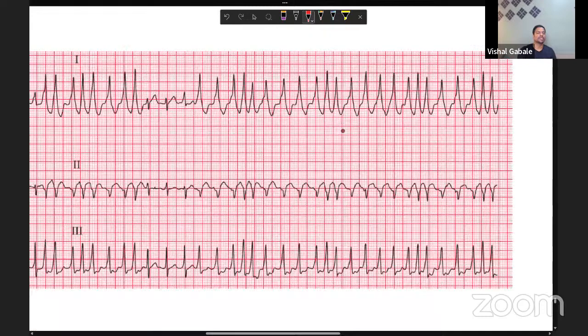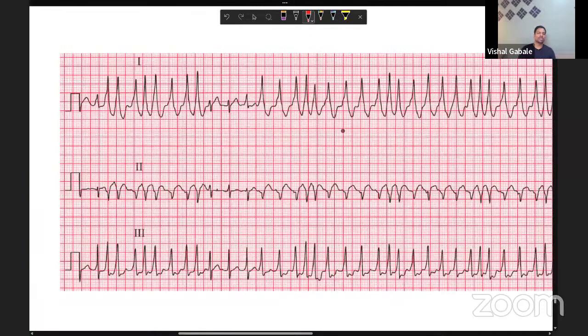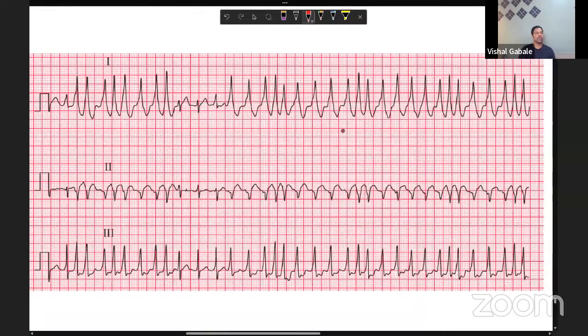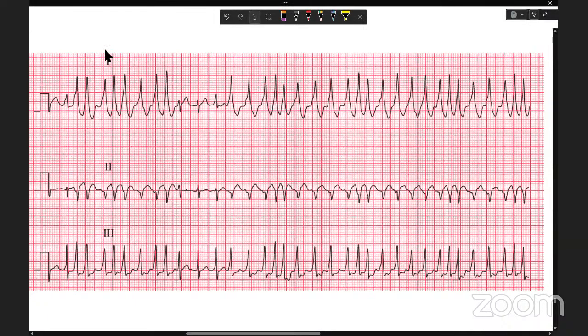Let's see the ECG. Can anybody tell me the diagnosis of this ECG quickly? Directly not VT, guys. AFib is left later.